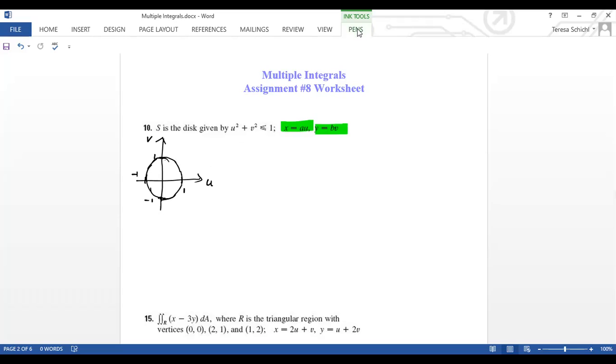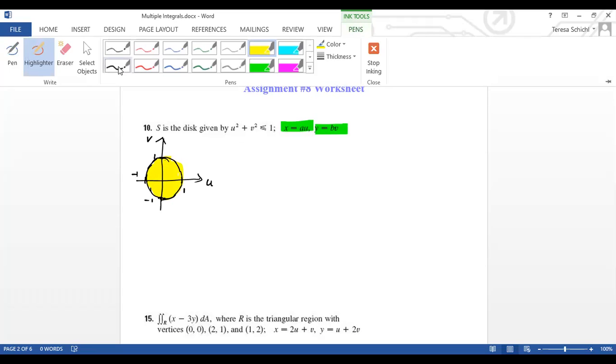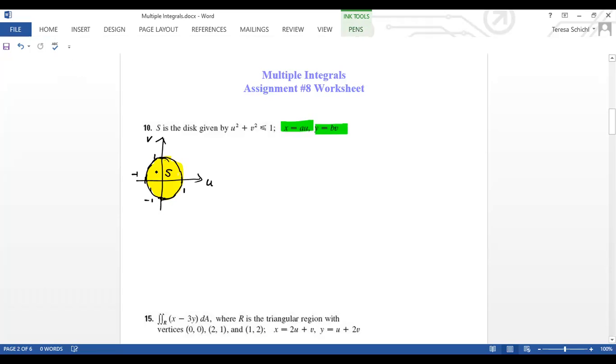So this is my S region, after transformation. Now I did a transformation, x equal to aU, y equal to bV, and let's take a look at what the original xy region is.